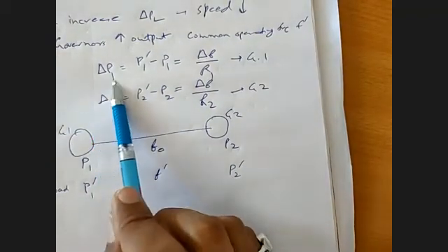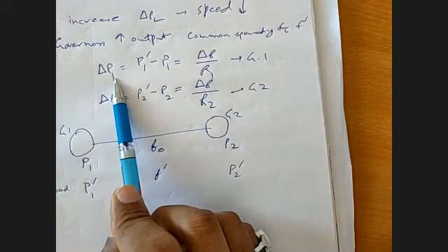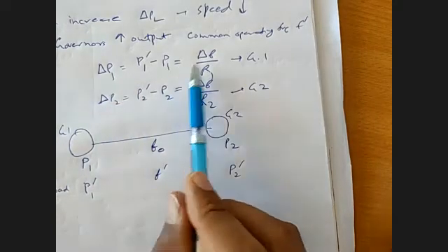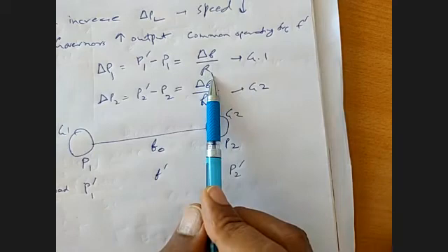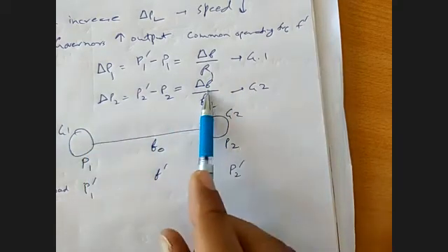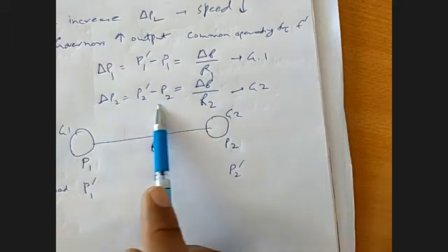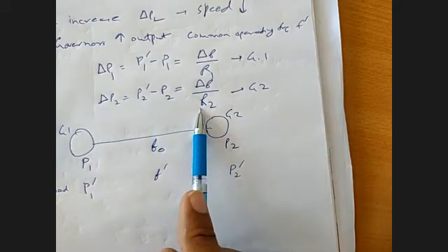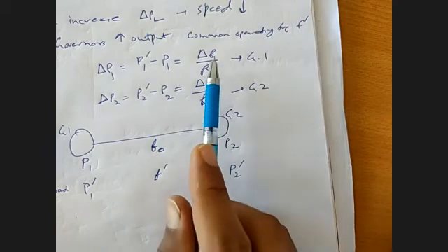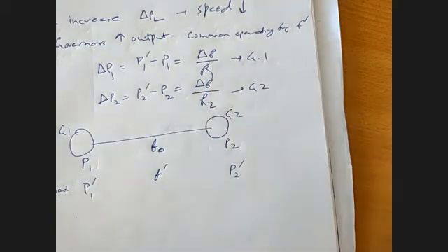So according to your droop characteristic, delta P1, that is the change in power of P1, will be equal to delta F upon R1. Similarly for generator 2, delta P2 will be delta F by R2. This delta F will be the same, because they are connected to each other, which means their frequency must be the same.